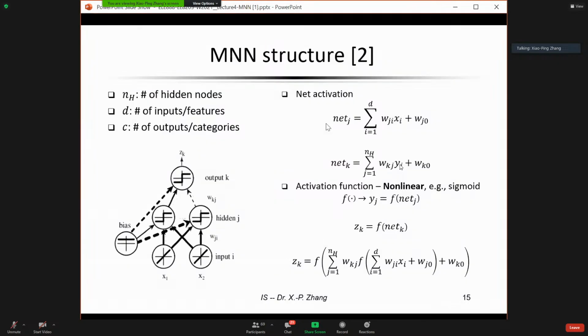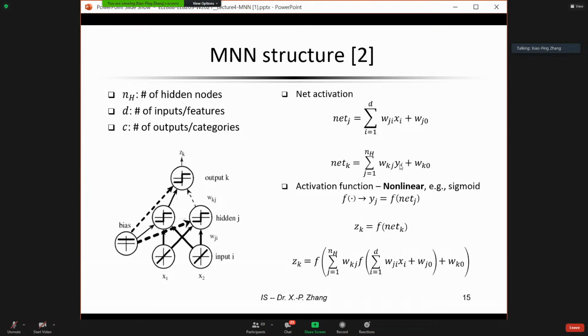You can approximate any boundary, as long as you have a sufficient number of hidden nodes. The hidden node can be a sine function, or a sigmoid function, let's say. Then you can infinitely approximate any function.